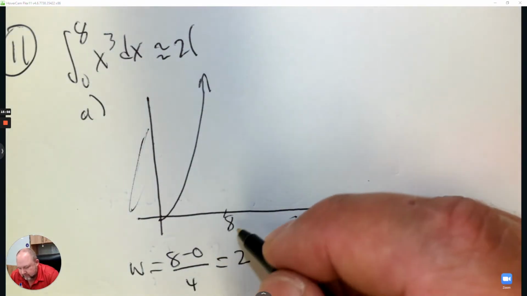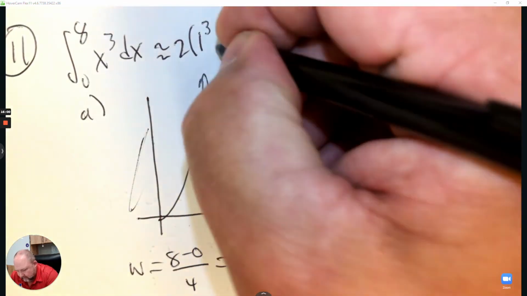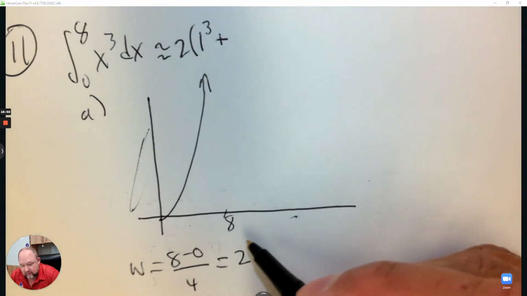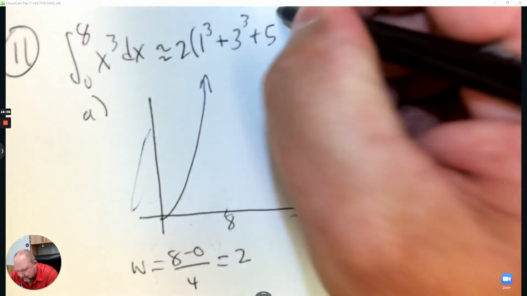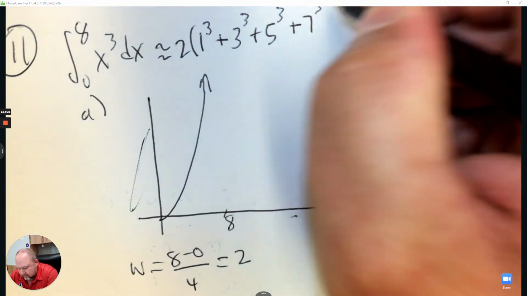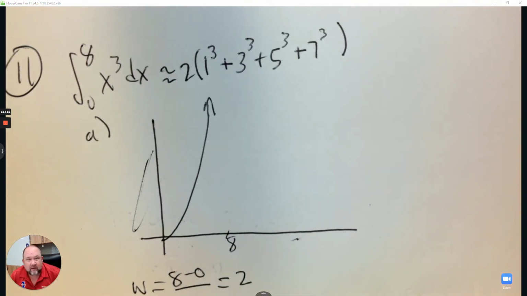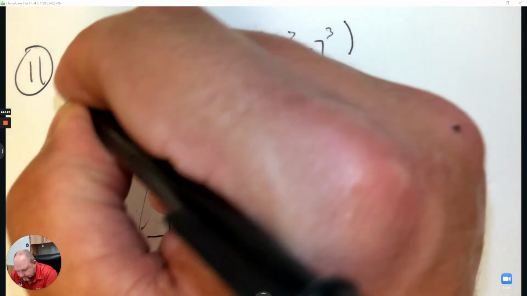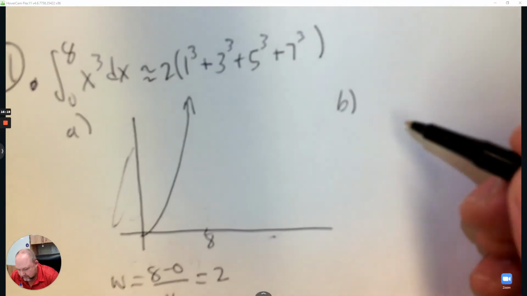The first interval will go 0 to 2, so the midpoint would be 1. So you plug 1 in. I'm not going to reduce it down. The next would be 2 to 4, so you plug 3 in. And I think you can see the pattern here of what it would look like. So that would be a midpoint Riemann sum.